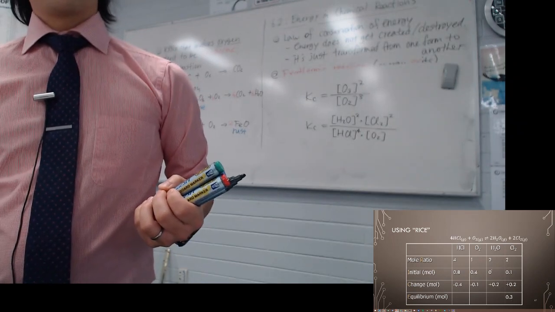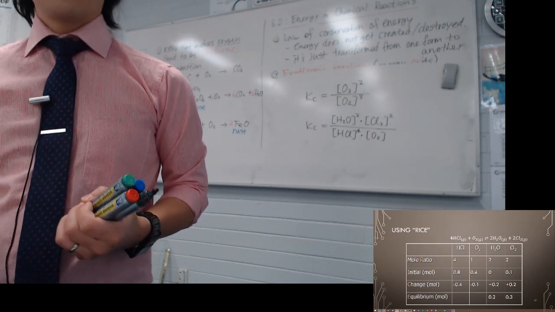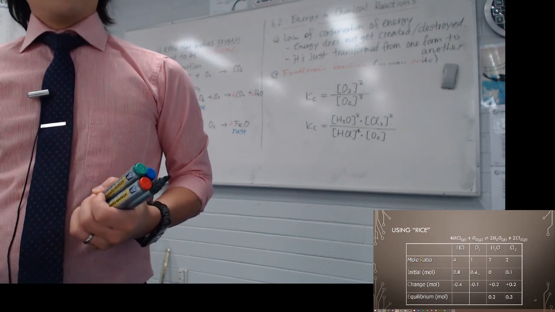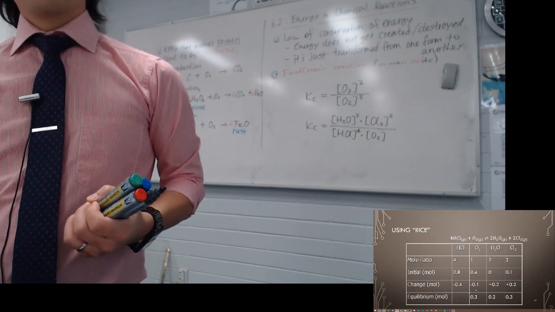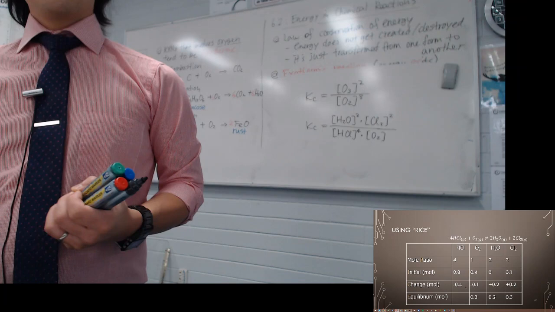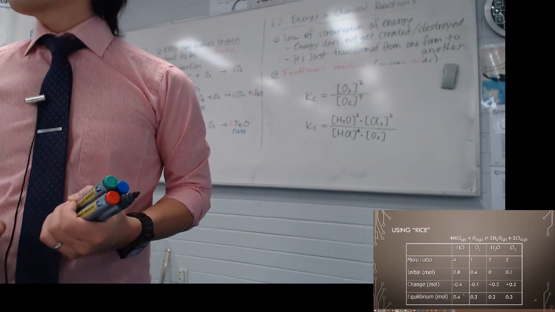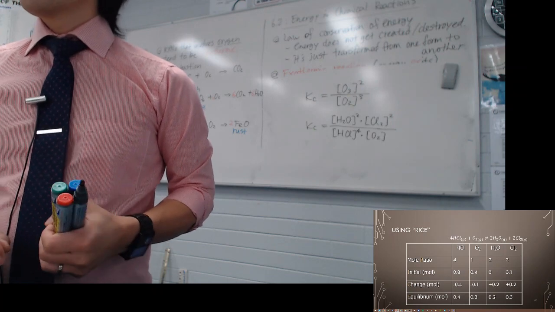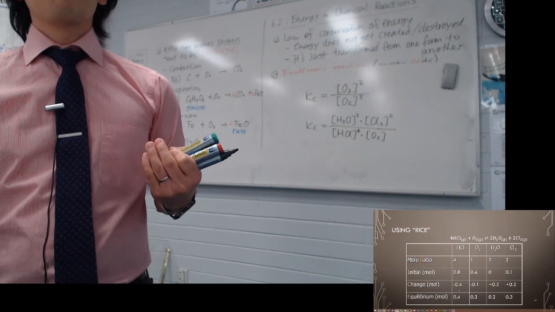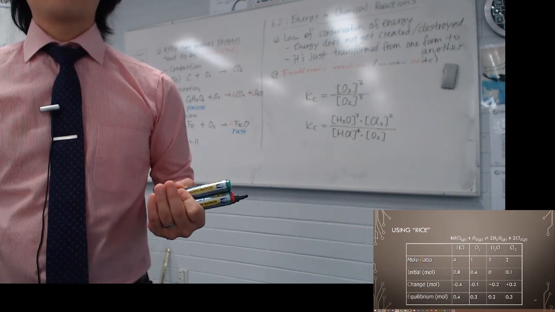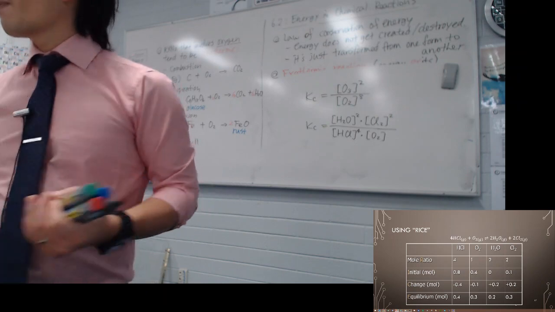If you add 0.2 to 0, you should get 0.2 as moles. 0.4 has been consumed by 0.1, so the leftover is 0.3, and the same goes for here. 0.8 take away 0.4 should be 0.4. So by using RICE, you can find out how many moles have been left on the reactant side and generated. Okay?